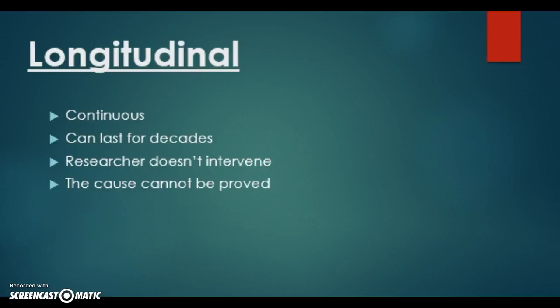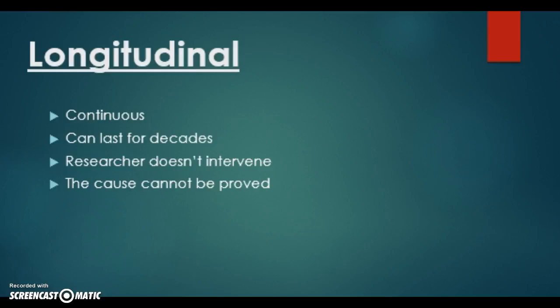The next one is longitudinal. This is where subjects are followed over time with continuous or repeated monitoring. So these tests can last for weeks, years, or even decades as well, so they can last for quite a long time.